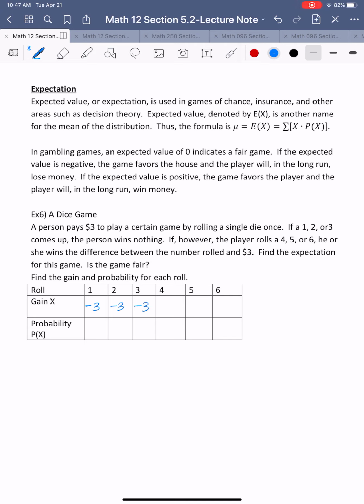If, however, the player rolls a 4, 5, or 6, he or she wins the difference between the number rolled and $3. So 4 minus $3 is a $1 earning, which is still losing $2, right? Then 5 means $2 earning, which means still $1 losing, and then $3 here. And each outcome has a chance of 1/6.